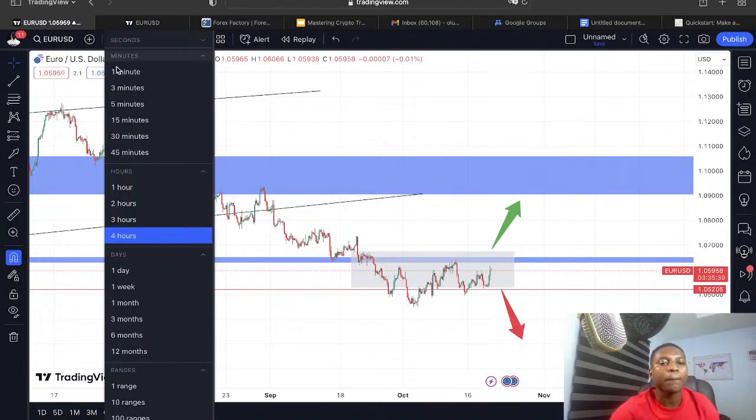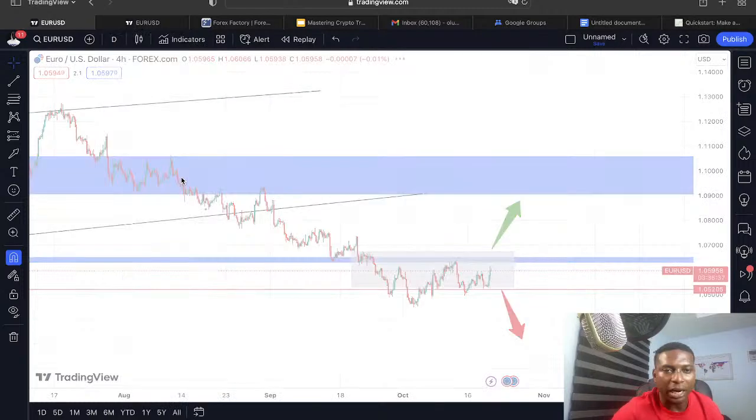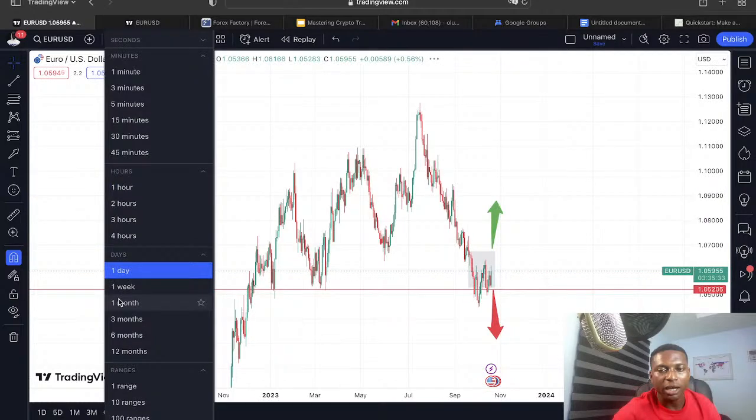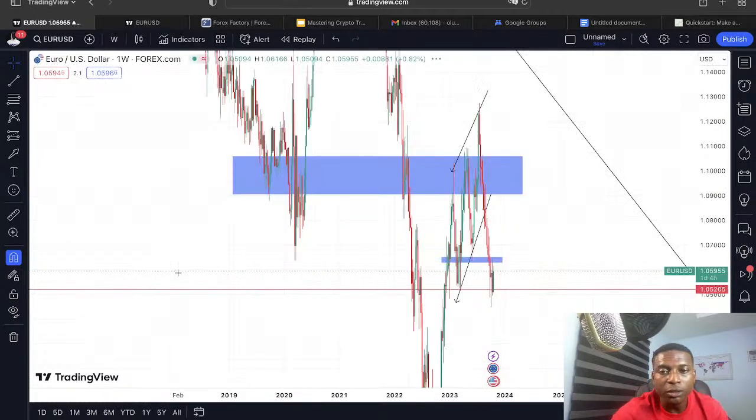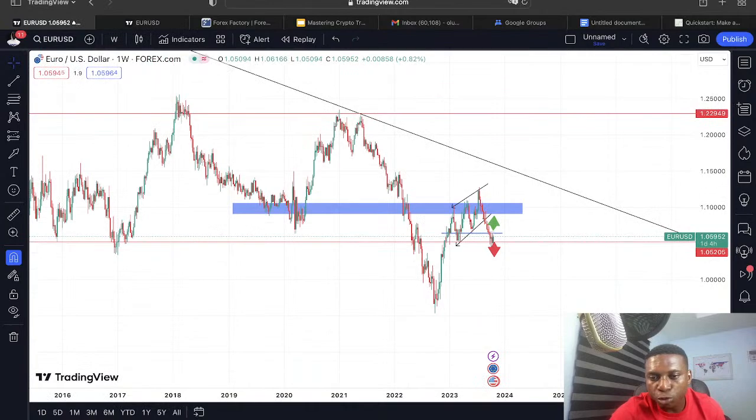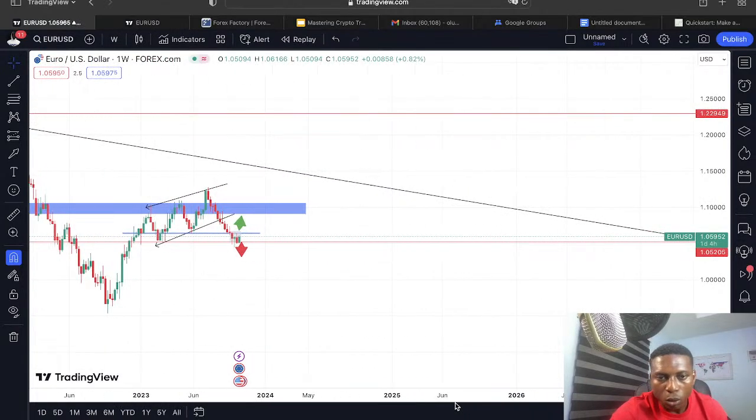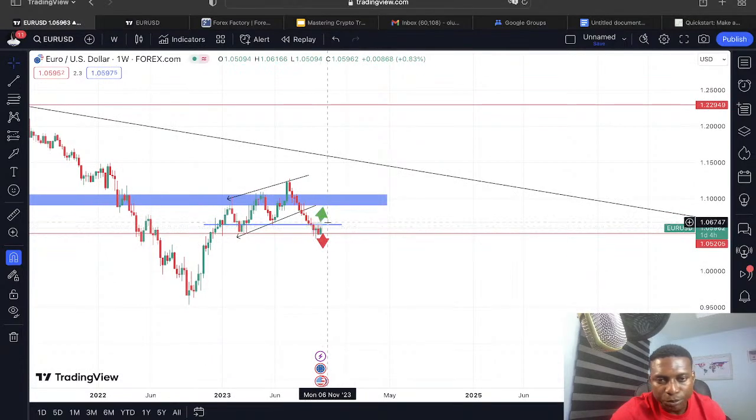If you are a swing trader, from the first week analysis, where we see price at this level, you definitely want to sell.